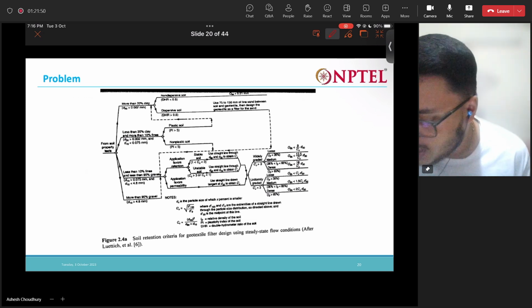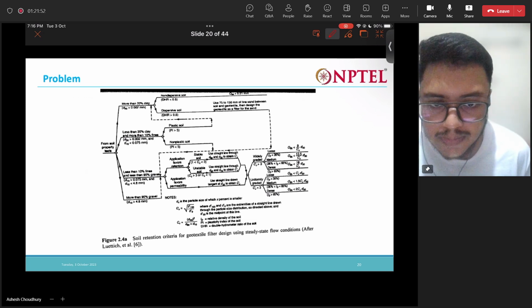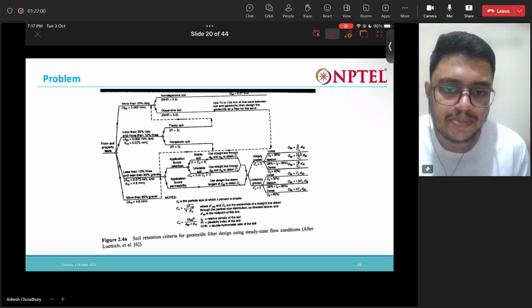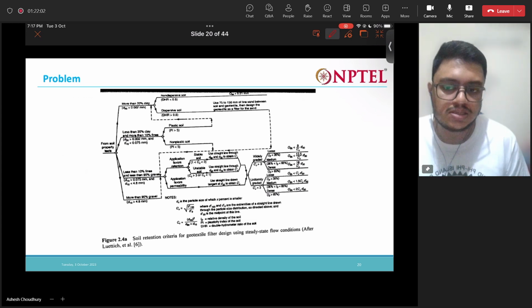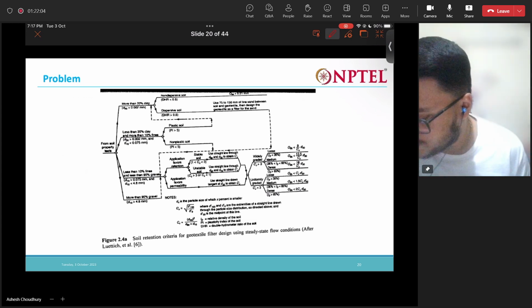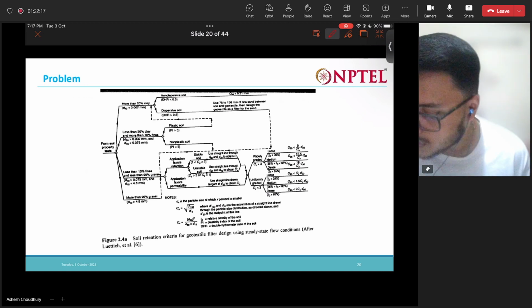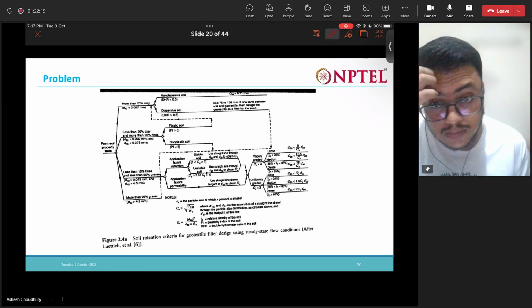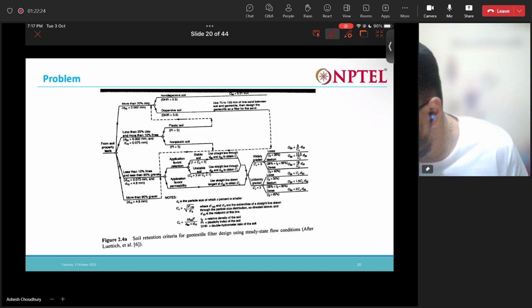Like this, many charts are available from where we can choose the required criteria.